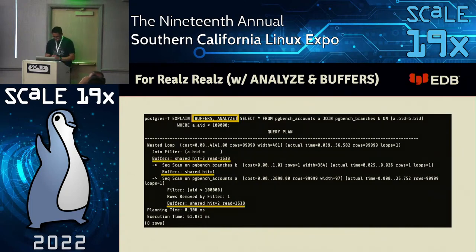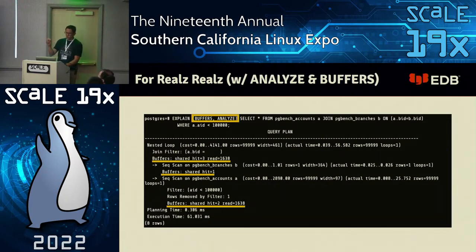Okay, so as you can see here in the output, the shared hit: during the sequential scan of pgbench accounts, it hit 2 buffers, and then it read 1638 buffers. What that means is within the shared buffers cache, it found two buffers. I believe those are blocks.